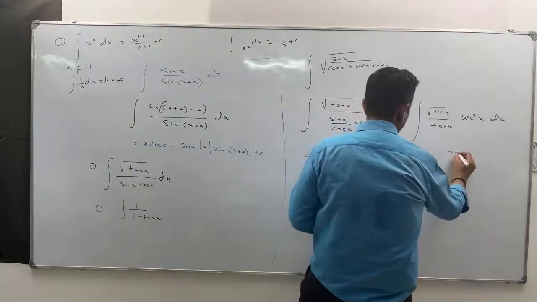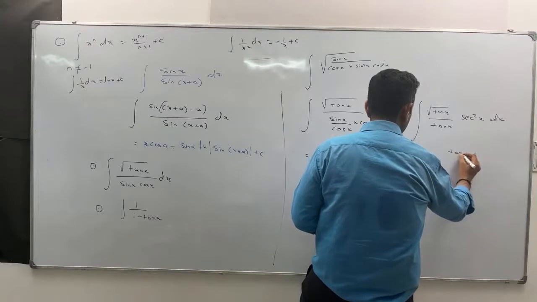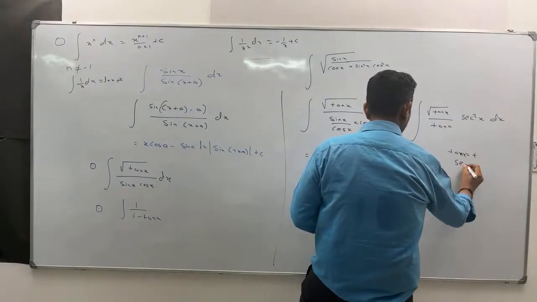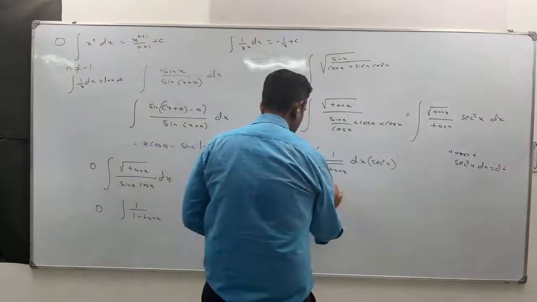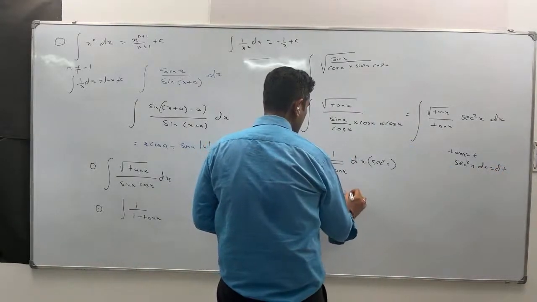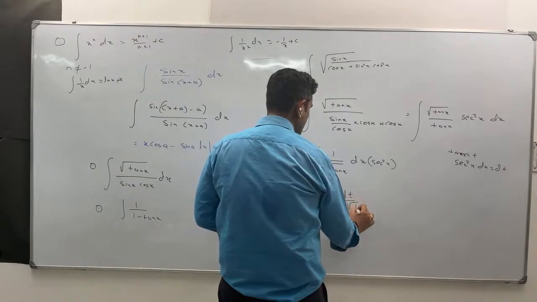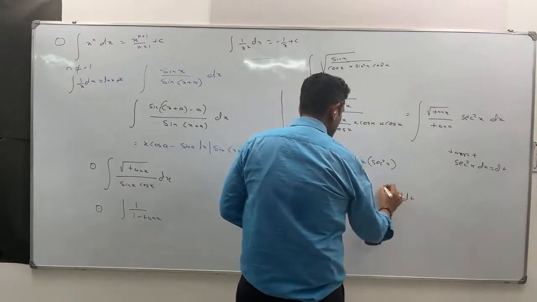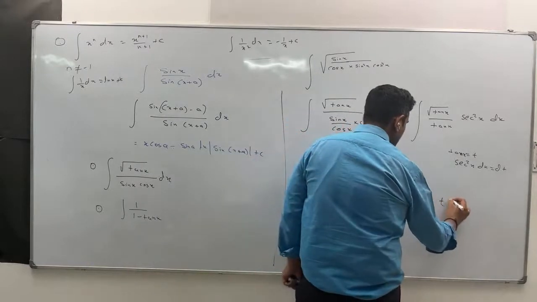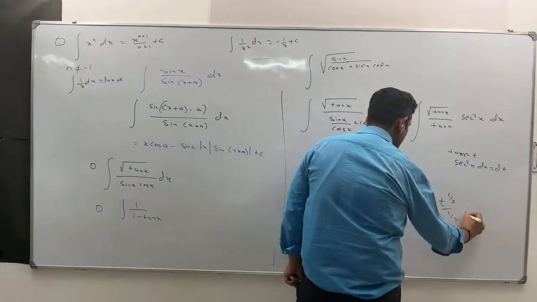So now we are taking tan x as t. So secant square x dx will be dt. So this will come out to be integral of dt by root t, which is t to the power minus half dt integral. So it will be t power half by half plus c.